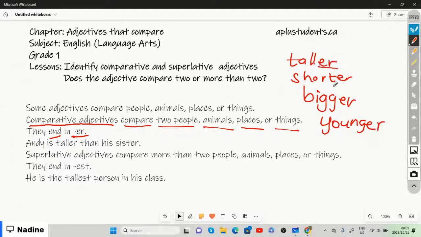As you can see, these words end with er, and we call those comparative adjectives, where we compare two people, animals, places, or things.